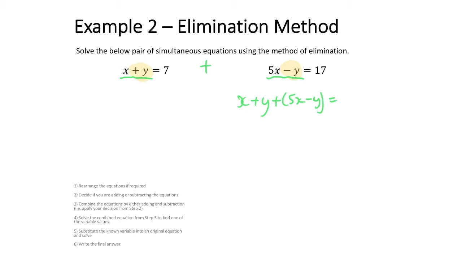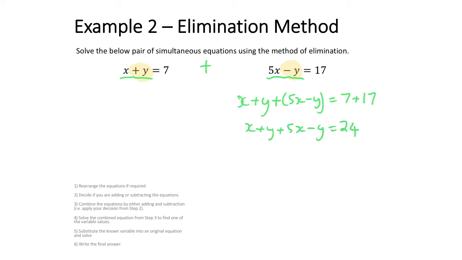And that is going to be equal to, now I need to add my right-hand side of both equations. So that is going to be 7 plus 17. Next, I'll go ahead and remove my brackets. So it's going to be x plus y plus 5x plus negative y, so minus y, is equal to 7 plus 17, which is 24.